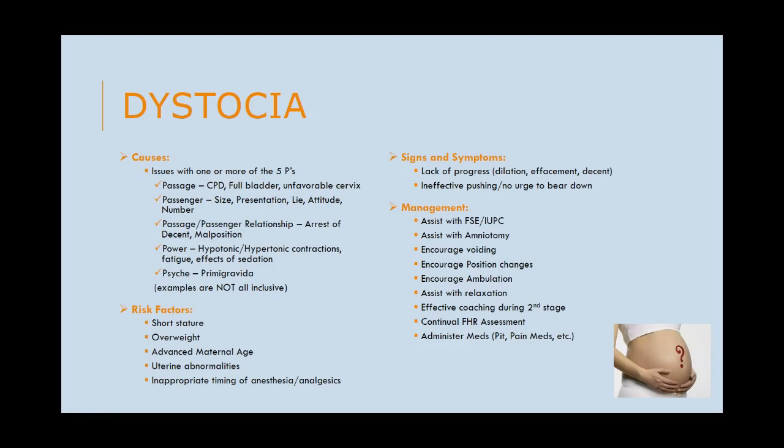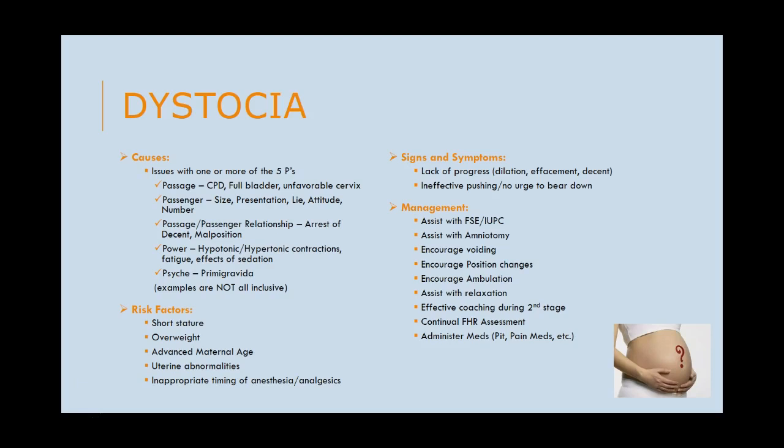Signs and symptoms that you'll find as a nurse taking care of someone with dystocia is that they will have a lack of progress. And the way we assess this is through cervical dilation, effacement, and descent. So your assessment tool to be able to determine that someone is having lack of progress is a sterile vaginal exam.